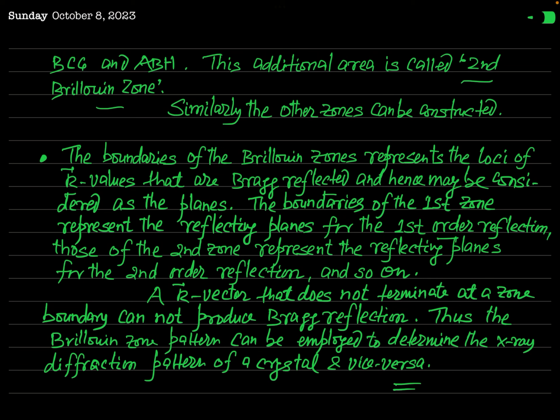And in this manner, if the reflection is taking place from the boundaries of the third Brillouin zone, then there will be third order maxima. Okay. But if a K vector is not terminated on the zone boundary, then that will not produce Bragg reflection.